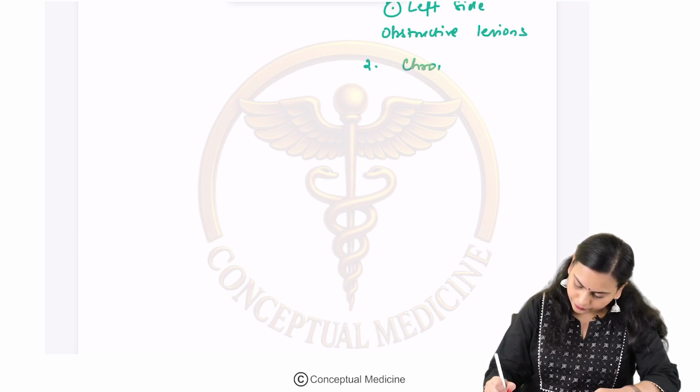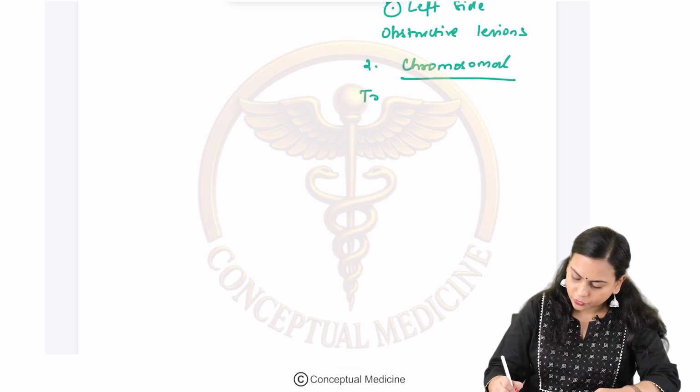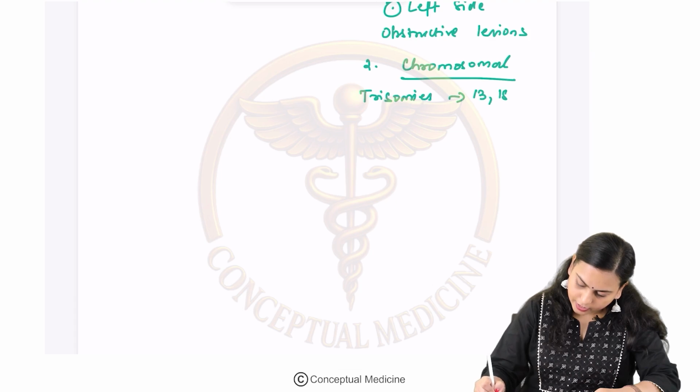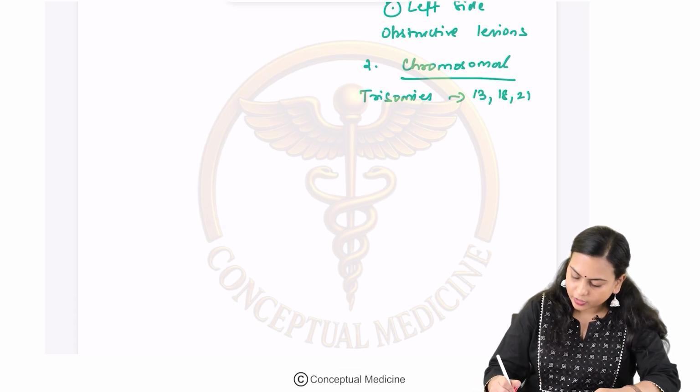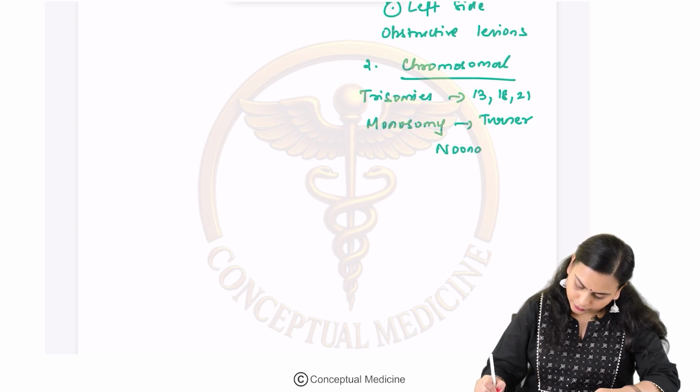Next, there can be chromosomal causes also, that may include all your trisomies like 13, 18, 21, even your monosomy, that is Turner syndrome, and Noonan syndrome also.